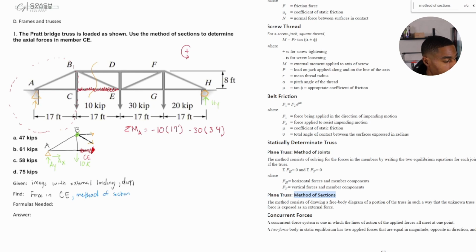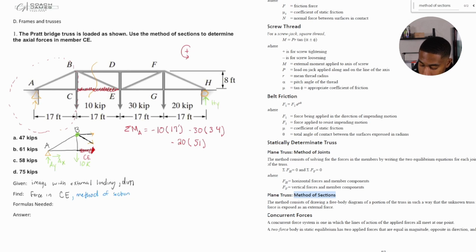What else? It's going to be minus 20 kip. And I won't write out the kip because that's a little bit confusing. Minus 20 times, what's my distance from my force to point A? Well, 17 times 3, which is 51.